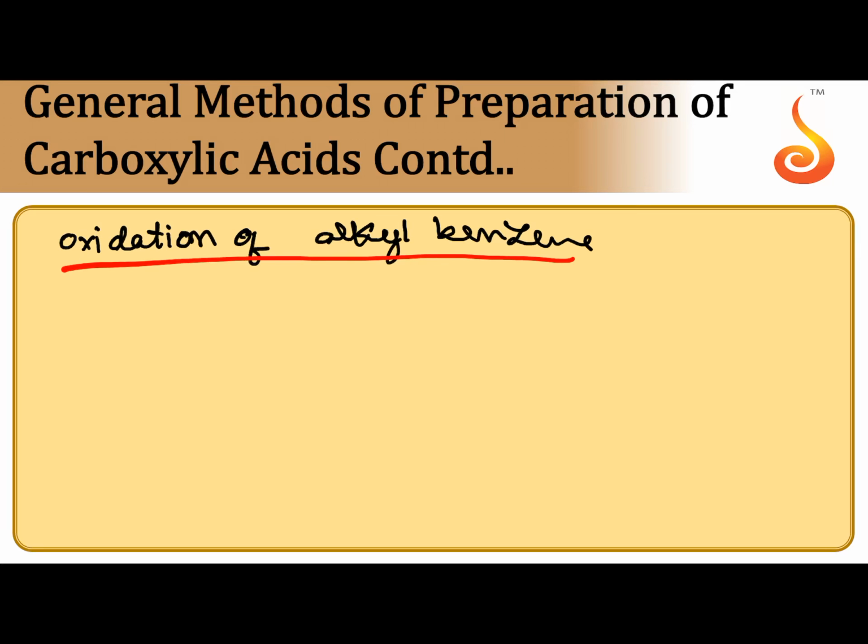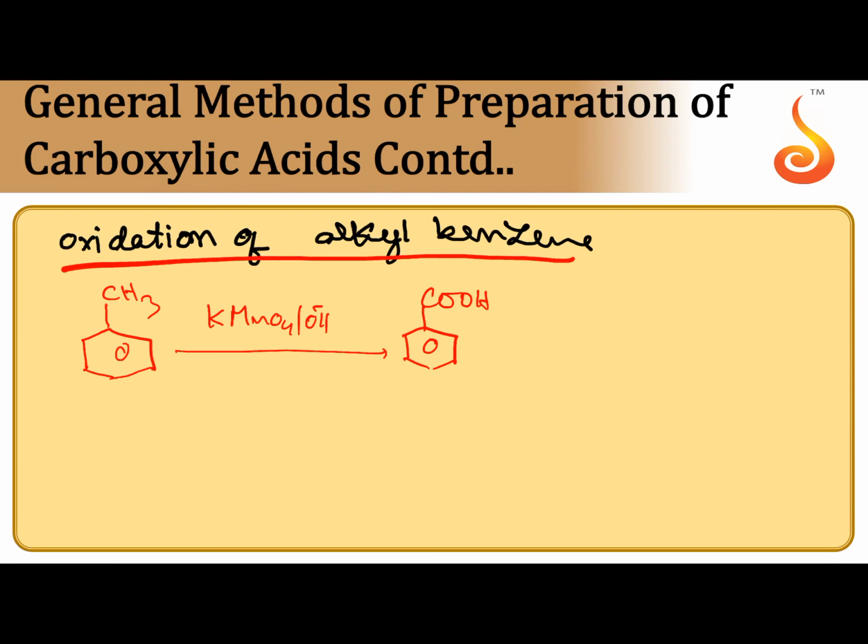Next one, oxidation of alkyl benzene. When alkyl benzene is subjected to oxidation followed by acidification, with Baeyer's reagent, alkaline potassium permanganate, the CH3 group will be oxidized to COOH. Benzoic acid is obtained.